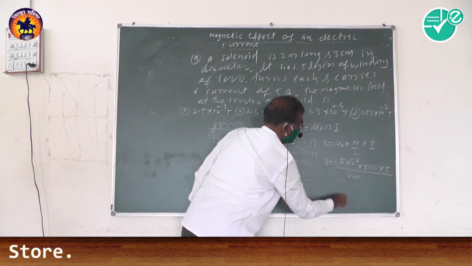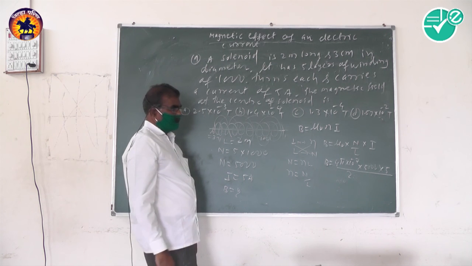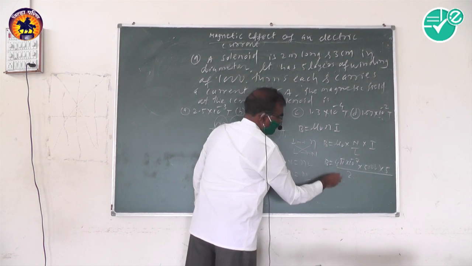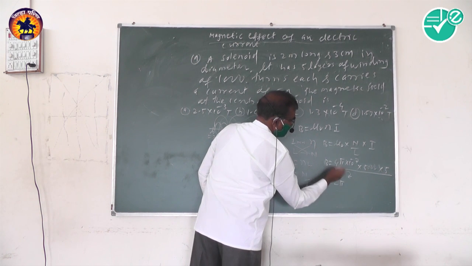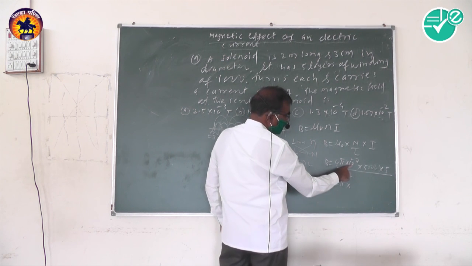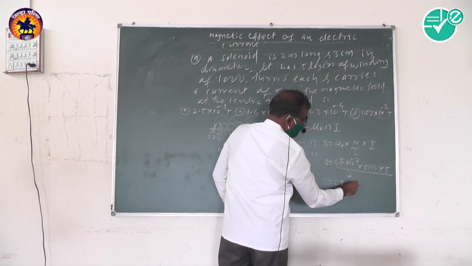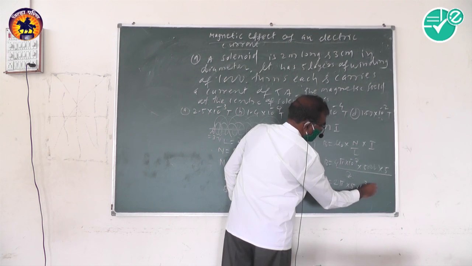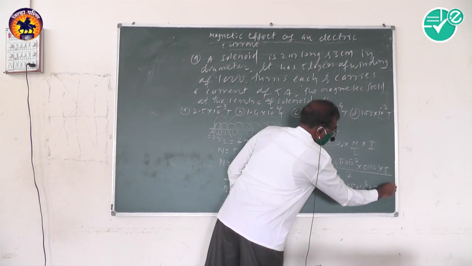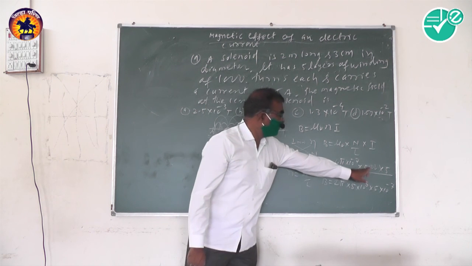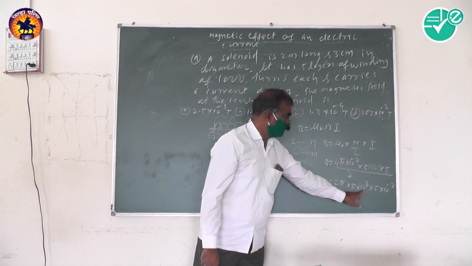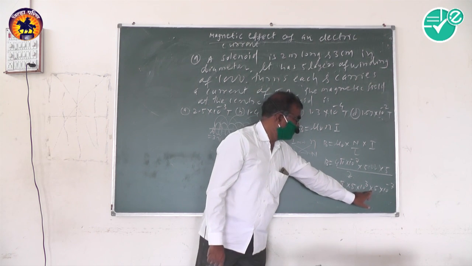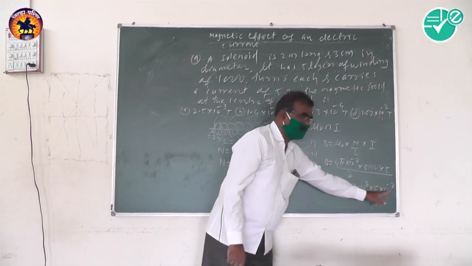That is B equal to 4 pi into 10 raised to minus 7 into 5000 into 5 by 2. Writing 5000 as 5 into 1000, that is 10 raised to 3, so we get 5 into 5 into 10 raised to 3 into 10 raised to minus 7.